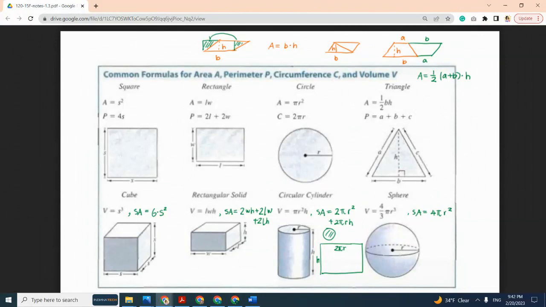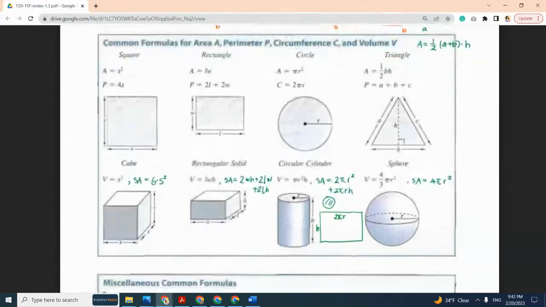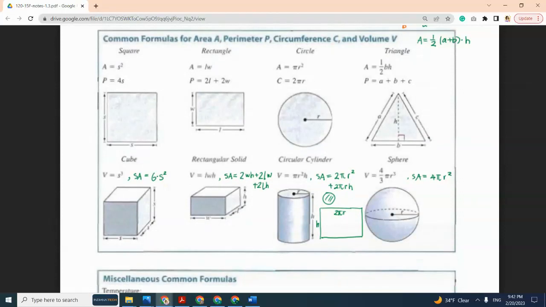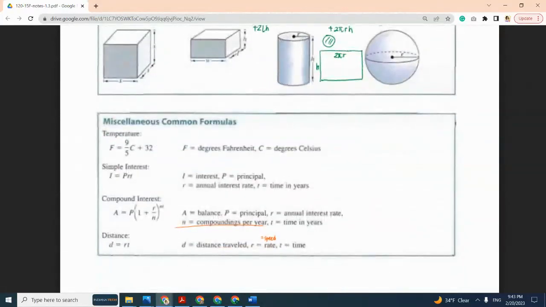Make sure you can remember the area and perimeter. For the three-dimensional figures, such as cube, rectangular solid, cylinder, and sphere, make sure you can remember the volume.